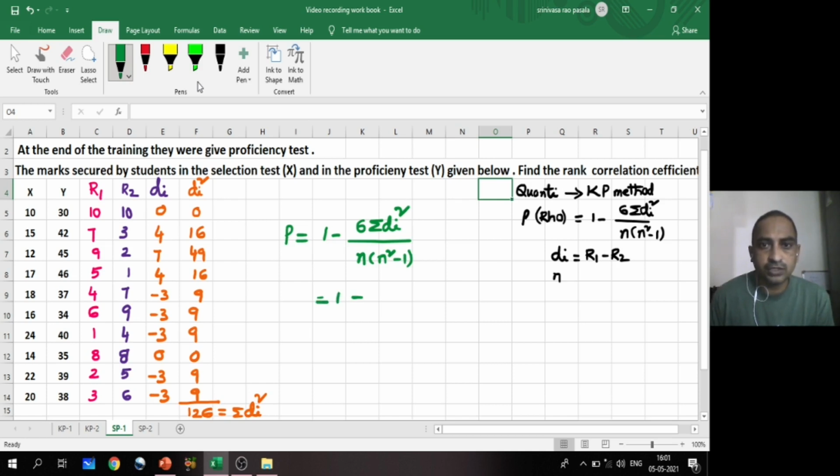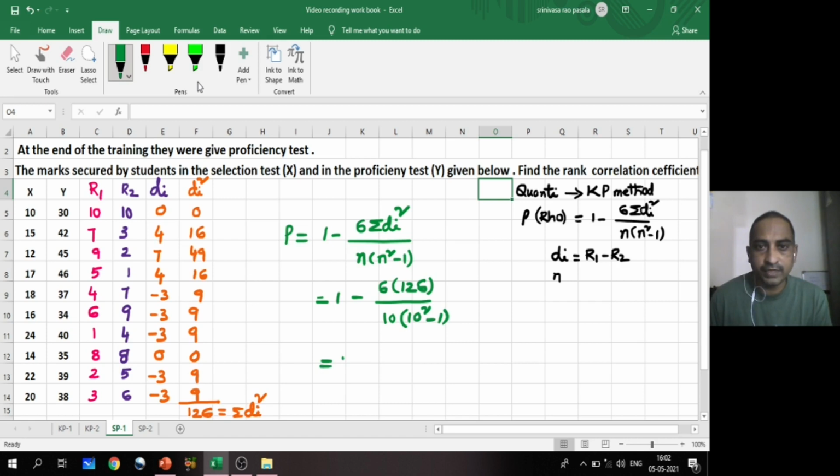Just substitute. So 1 minus 6 sigma di square, which is nothing but 6 into 126, by n. N is nothing but how many paired observations are given in the data. 10 observations: 1, 2, 3, 4, 5, 6, 7, 8, 9, 10. So 10 into 10 square minus 1.